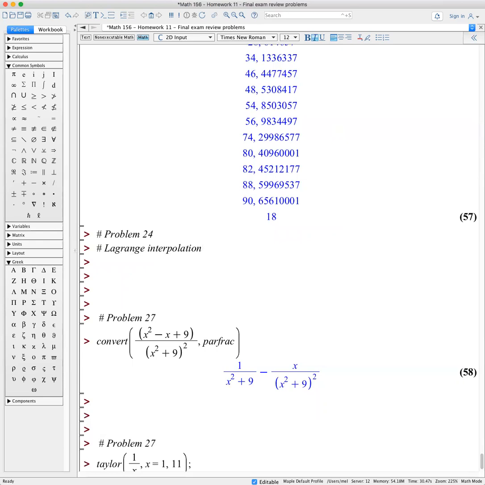So let me see if I can find this in Maple. Help. So what I want help with is, see if I type Lagrange, does anything come up?